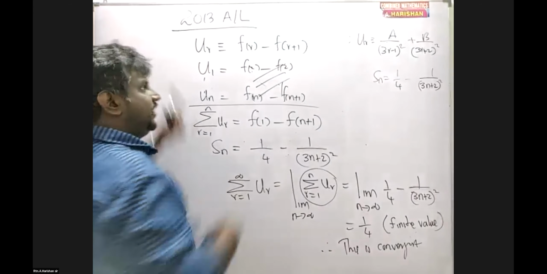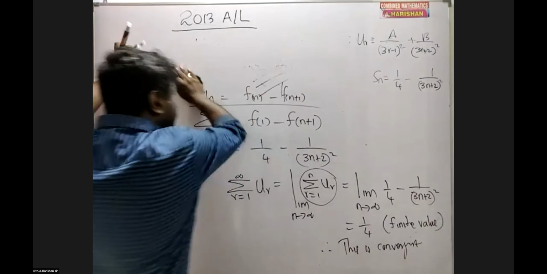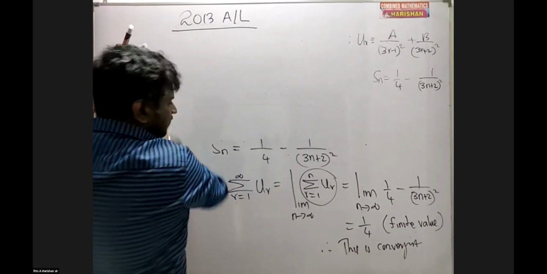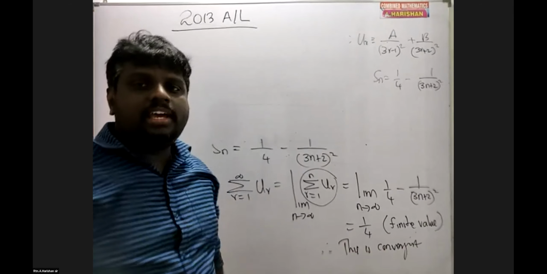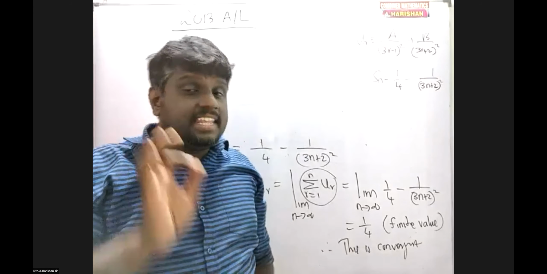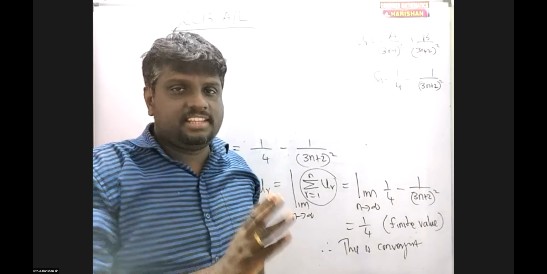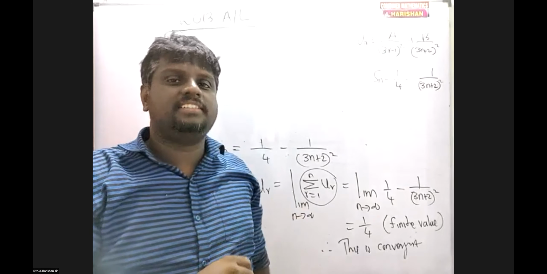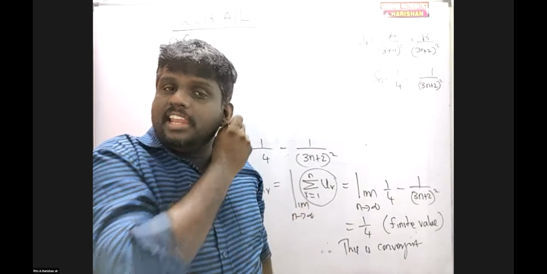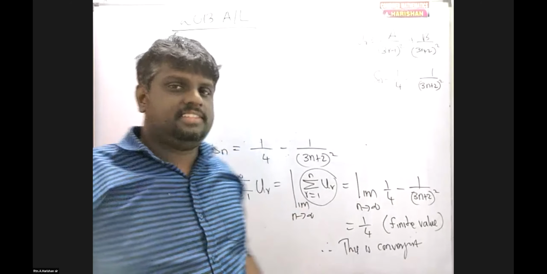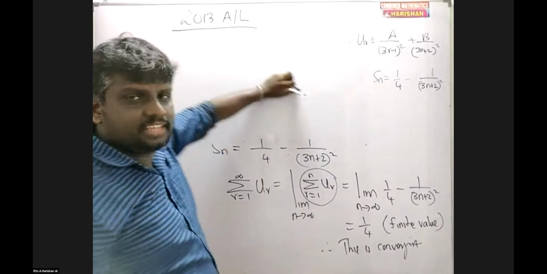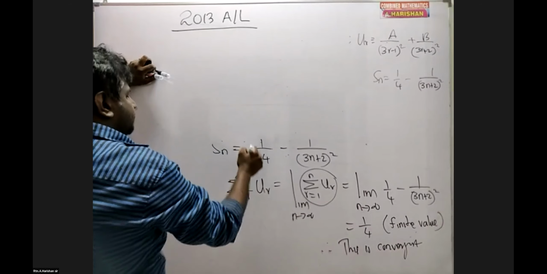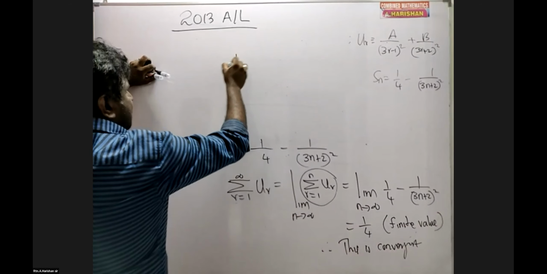How to justify? I erase this. Okay, guys, if they ask anything like that after the convergent or divergent question in this series, if they ask you to justify, then you need to follow this. Very important thing: you need to know that this is the rule.